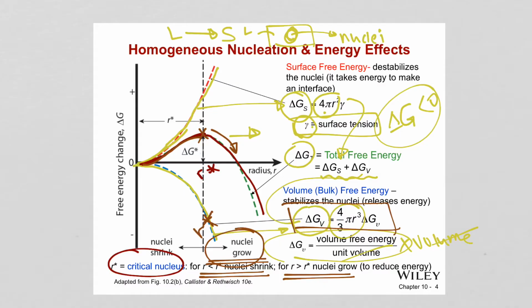So when you have particles, the nuclei, when it reaches R star and goes above, it is now called a nucleus. That means it's stable, it's now going to continue to grow. And R star is therefore the critical nucleus size. Delta G star, which you read from here at the critical nucleus size, is the critical free energy change.